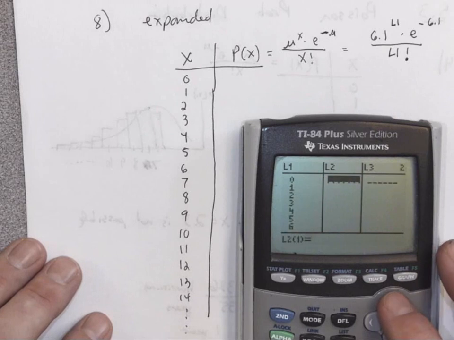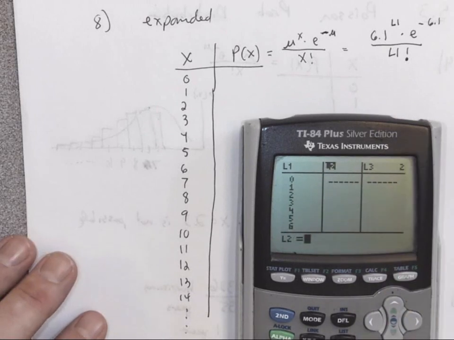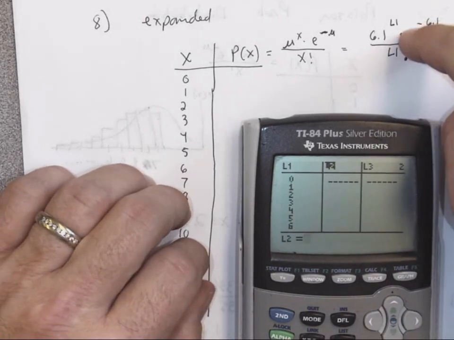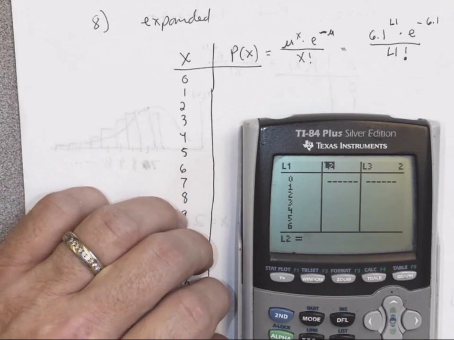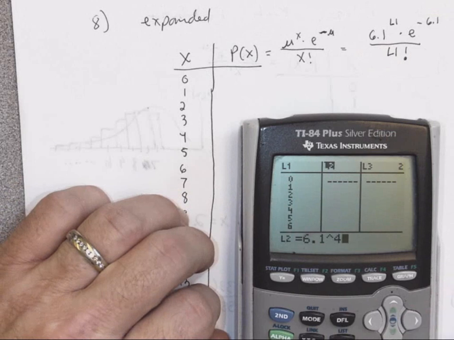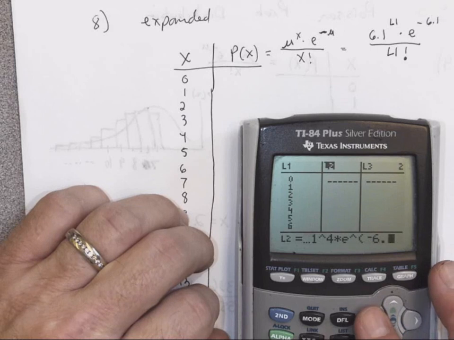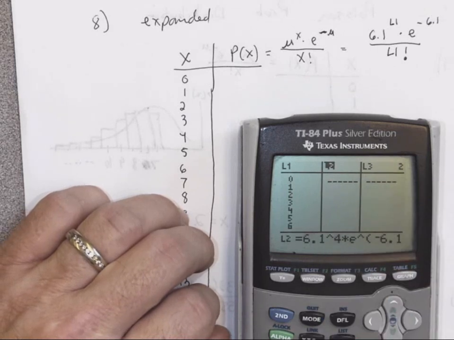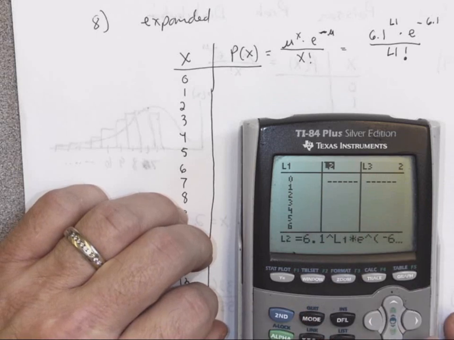So then I'm going to go over to L2, press up and hit enter, and I'm going to put in a formula just like we did with the binomial, except I'm going to use this formula here. So what I have is 6.1 raised to the... where's my L1? Did I mess it up? Let's see. X is actually L1, so second L1.